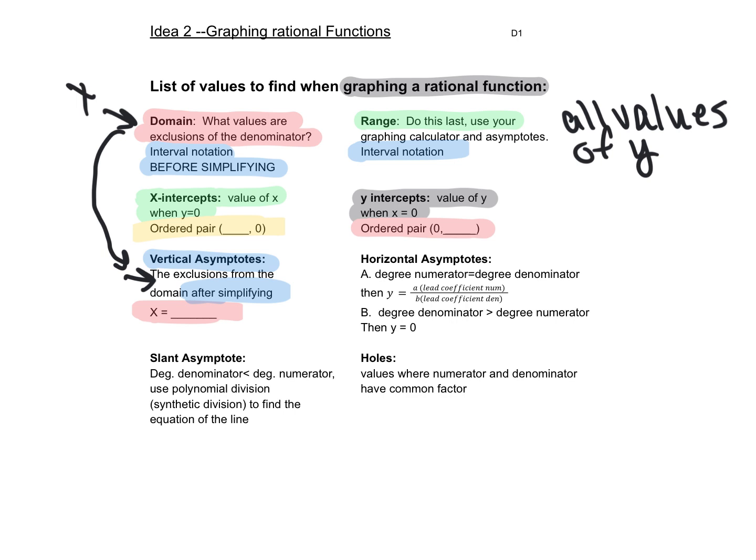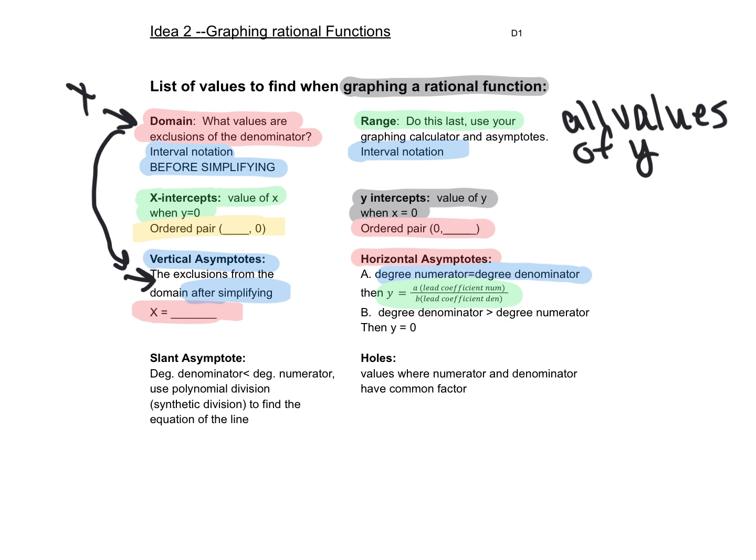Our horizontal asymptotes, these are a little bit tricky. There are two ways you can find horizontal asymptotes depending on the type of equation that you're given. If the degree of the numerator and the degree of the denominator are the same, so there's a squared in the top and a squared in the bottom, or a first power in the top and a first power in the bottom, then you use y equals a over b, where a is the lead coefficient of the numerator, b is the lead coefficient of the denominator.